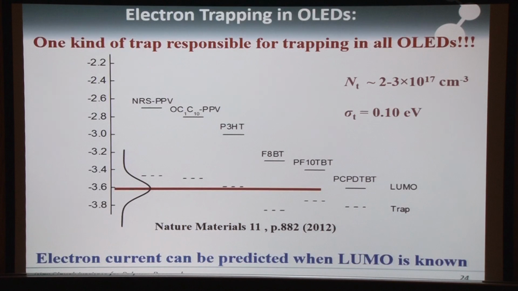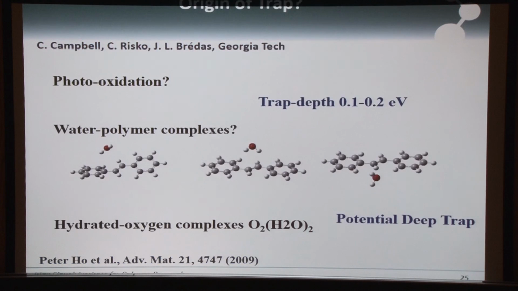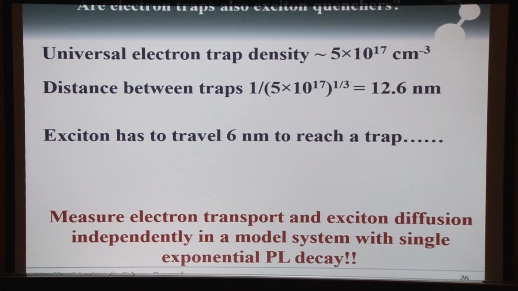Now, we learned that in many polymers you have a number of impurities in the order of 10 to the 17th. So now you can do a simple calculation. When this is about the number of impurities, electron traps, I can calculate how far they are separated, which is something like 12 nanometers.